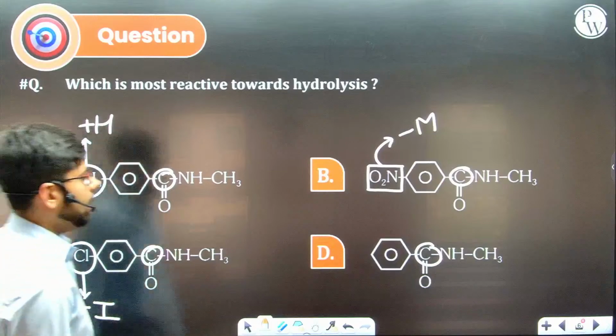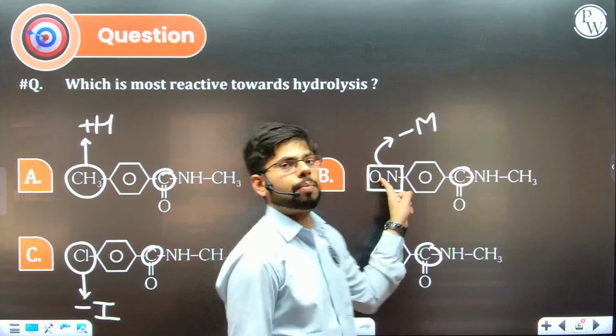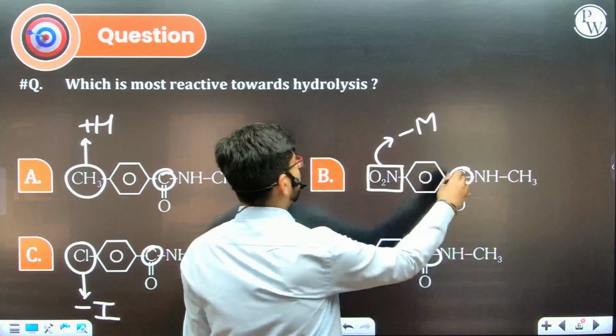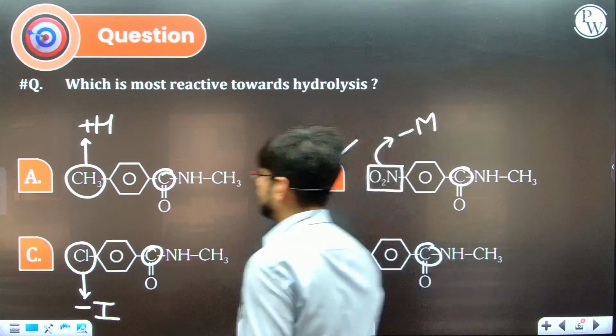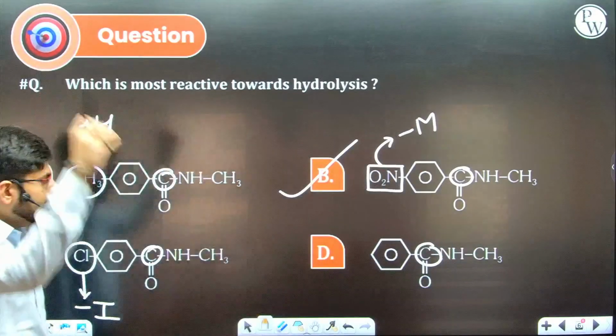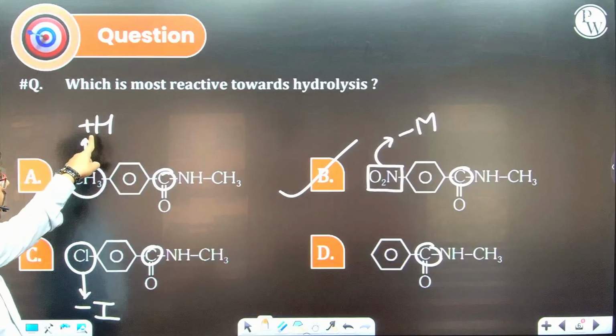Now, the electrophilicity of this carbon will be enhanced due to strong minus M effect. More the electrophilicity of this carbon, greater is the reactivity towards hydrolysis, and hence B is the correct answer. And the least reactive towards hydrolysis will be A, because in A there is a plus H effect.